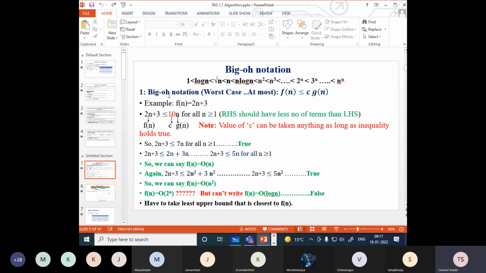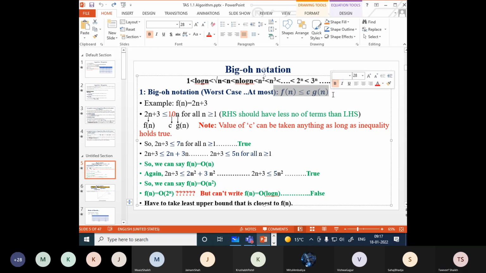And what we say is, big O always gives the upper bound. Upper bounds are the right side functions of this particular function. So many functions satisfy this condition, all being on the right hand side of this linear function.